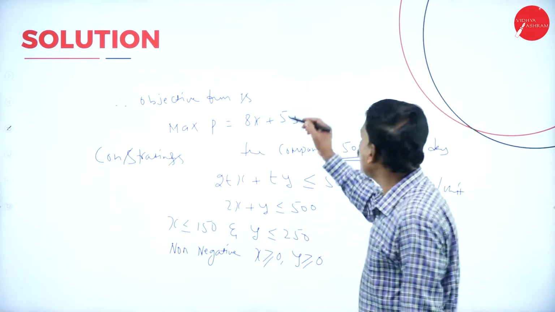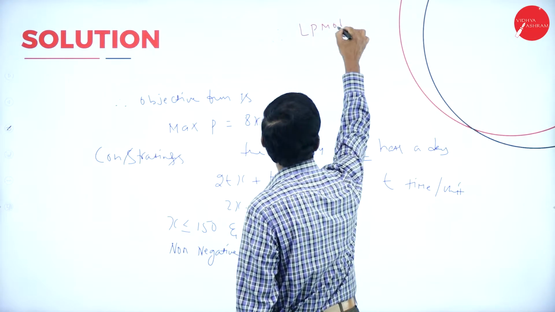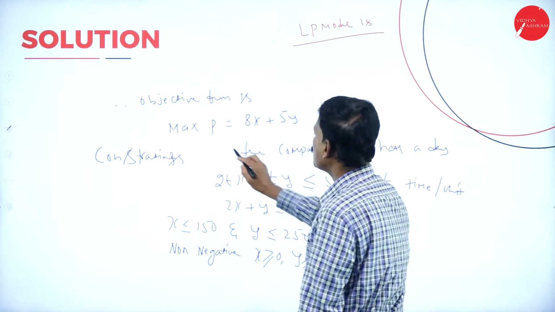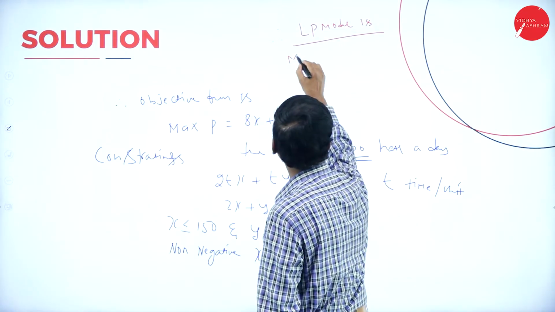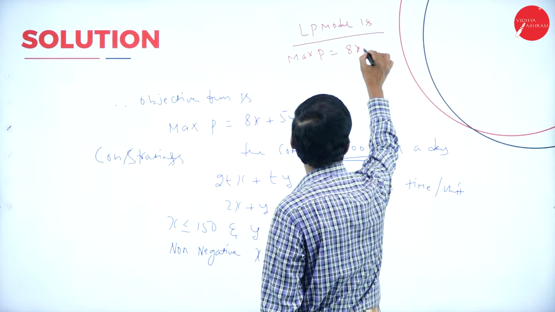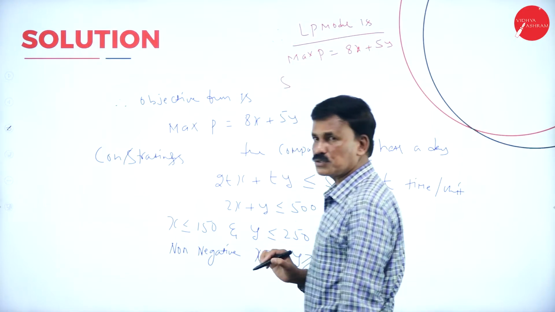Therefore the required LP model: what is the objective function? Max P is equal to 8x plus 5y, subject to the constraints.